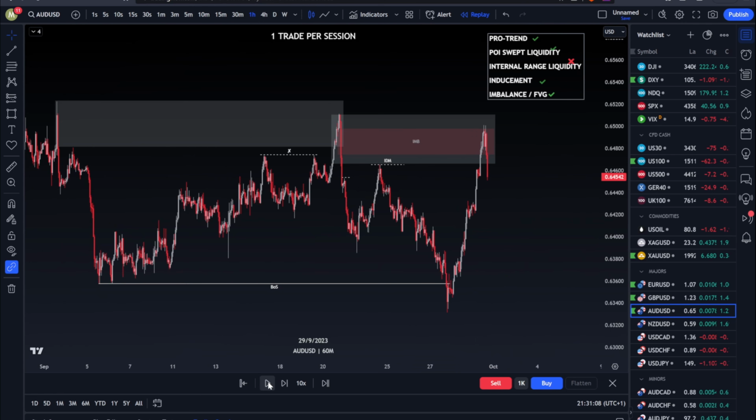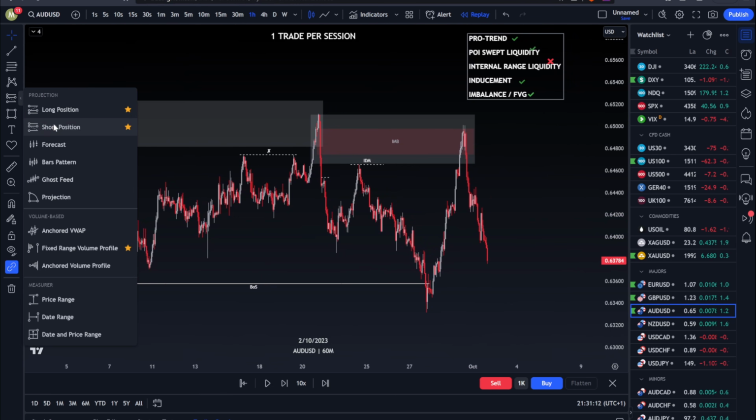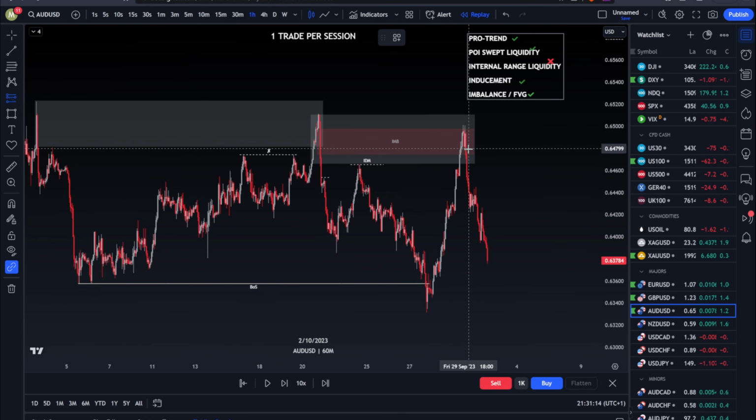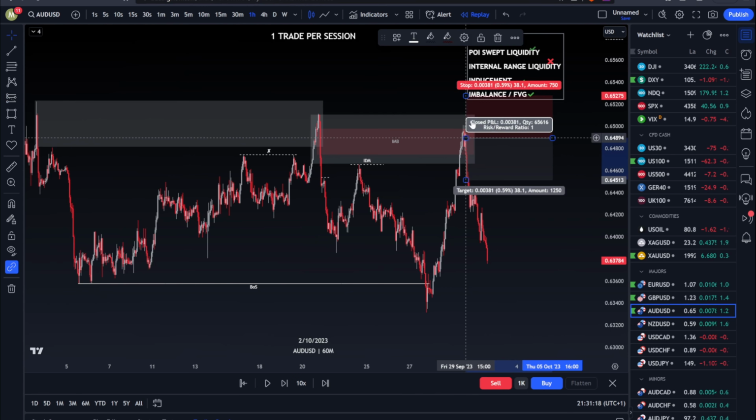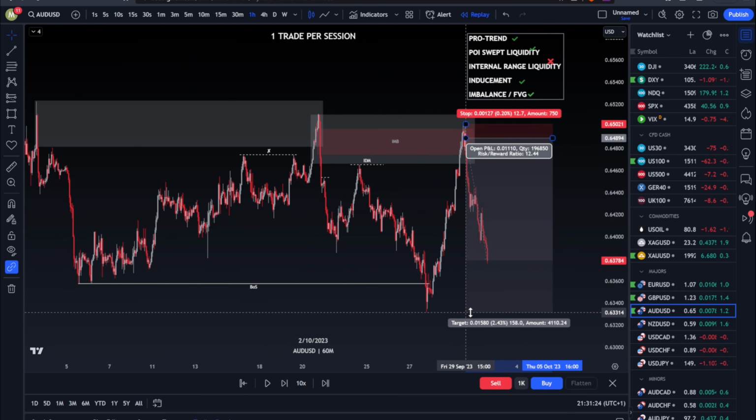As you can see, if you took a trade right here, and I can see already from here, we probably would have taken it like this, maybe even higher, with a stop loss just above this, and then targeting the low. As you can see, that's a very high risk to reward, and maybe even tighter, because we enter on the seconds, not on the 5 minute or the 1 minute.